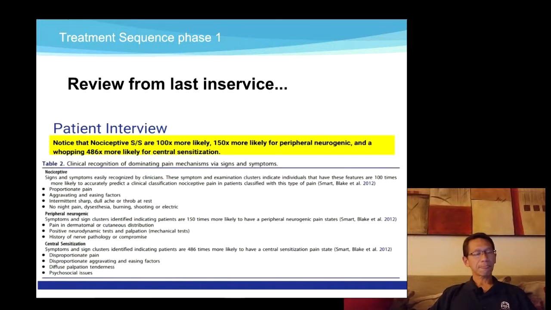So this is a review from the last in-service, and I usually like using the SMART-BLAKE CPR as a guideline to determine which kind of education I provide to my patients. A lot of times if they're more nociceptive and the injury is fairly new or they just had a recent surgery, I won't necessarily go into PNE a whole lot, only because this crowd and population may not need it as much.